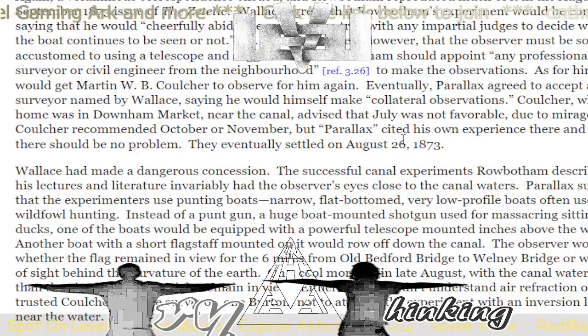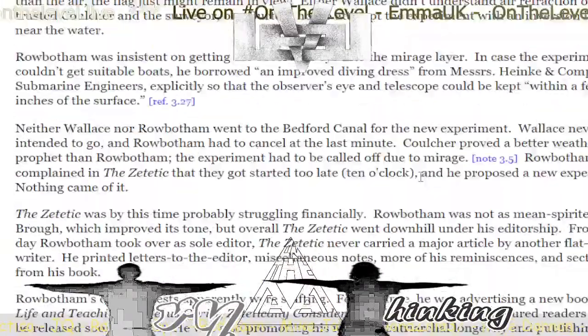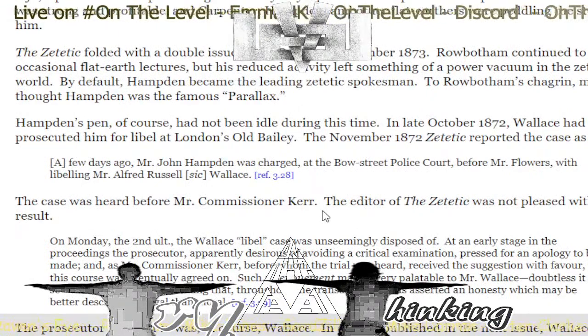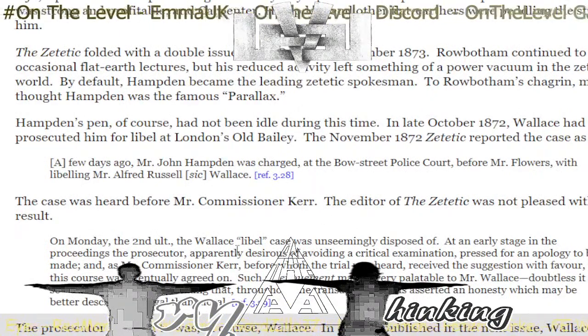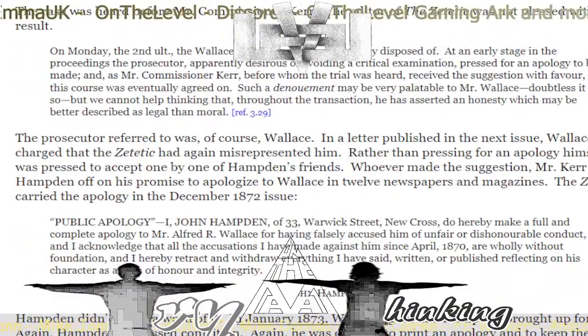It's depressing because they don't actually talk about anything, and there's no experiments or anything in this. It's just this guy called this guy a bad guy, and this guy called this guy this. Look how much of this text there is here. Wallace libel. Public apologies.